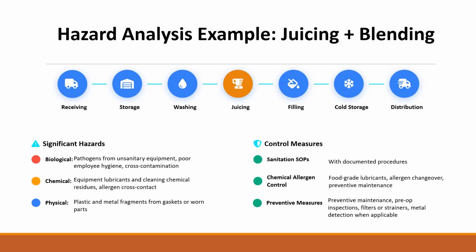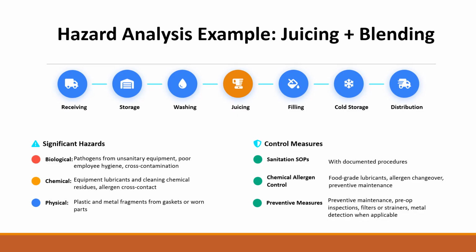Chemical hazards must also be evaluated at this stage. These can include lubricants from equipment, cleaning chemical residues when rinsing is inadequate, and allergen cross-contact when shared equipment is used for allergen-containing products. Controls for chemical hazards include the use of food-grade chemicals, a preventive maintenance program, allergen changeover procedures, and proper line clearance. Physical hazards may occur as well, such as metal fragments from worn parts, broken gaskets, plastic fragments from scrapers, or hard pieces from damaged equipment.